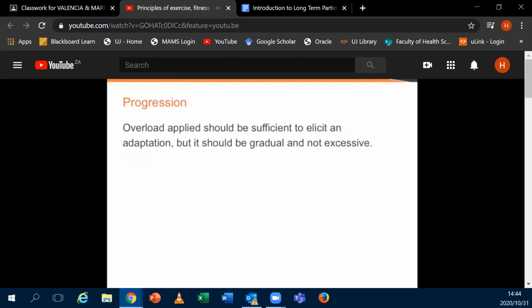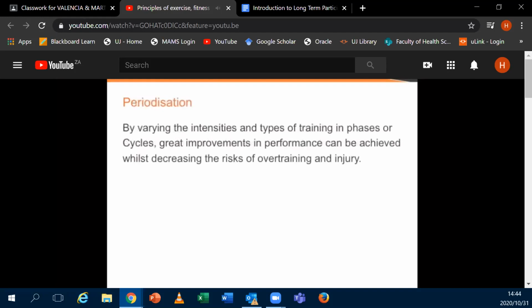If the progression is too excessive, this can lead to overtraining and injury. Periodization. By varying the intensity and types of training in phases or cycles, great improvements in performance can be achieved, whilst decreasing the risks of overtraining and injury.